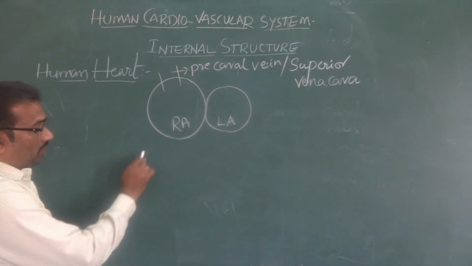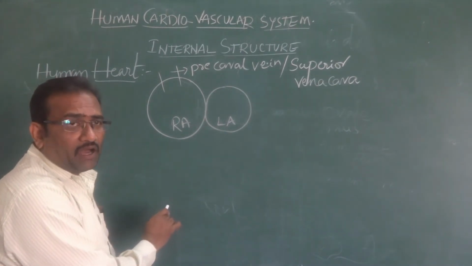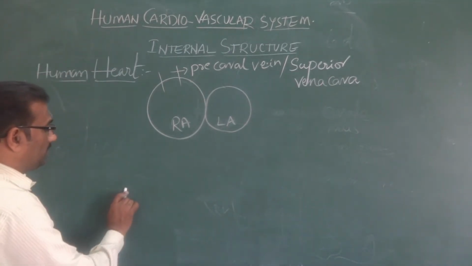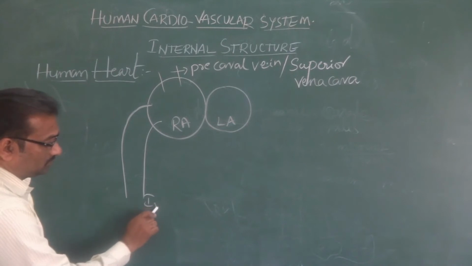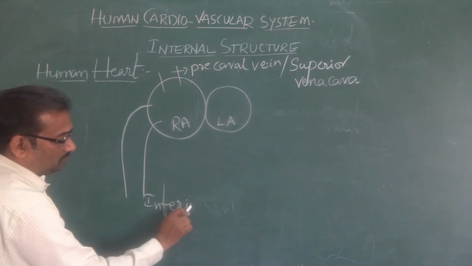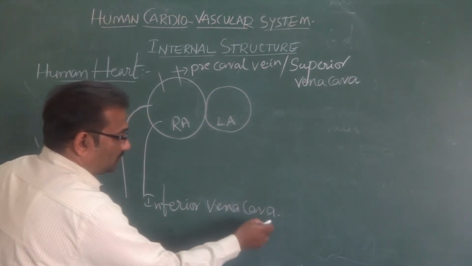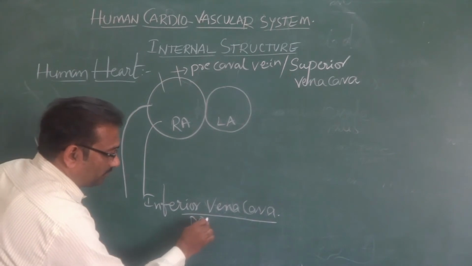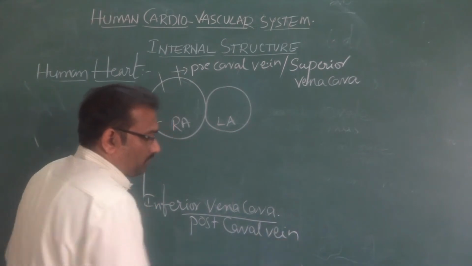Then from the lower body parts, the deoxygenated blood also enters the right atrium through the inferior vena cava, also known as the postcaval vein.